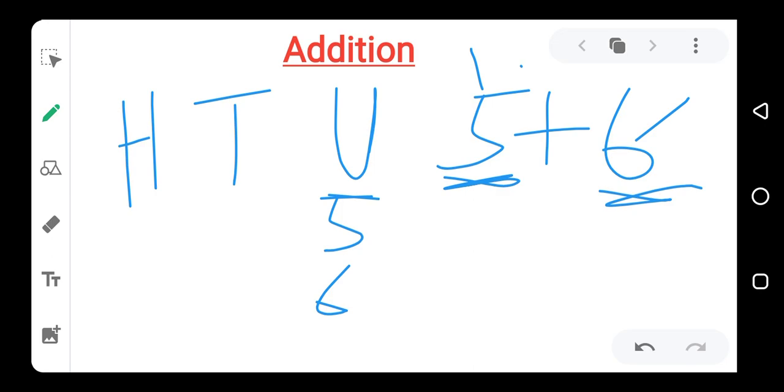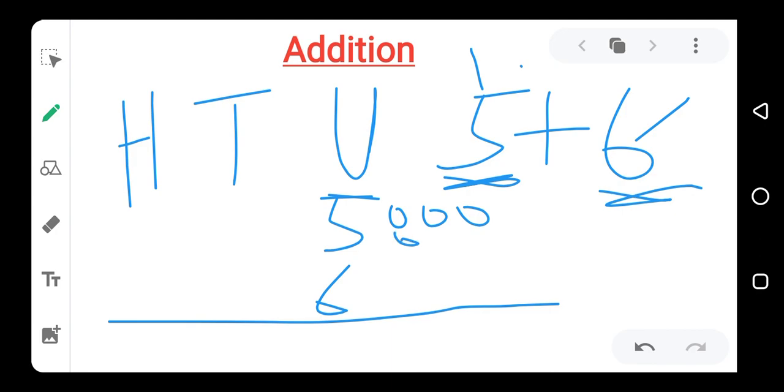Now, the next thing we are going to do is draw a line. Now, look at what I'm going to do. 5 is how many? 1, 2, 3, 4, 5. 6 is how many? 1, 2, 3, 4, 5, and 6.